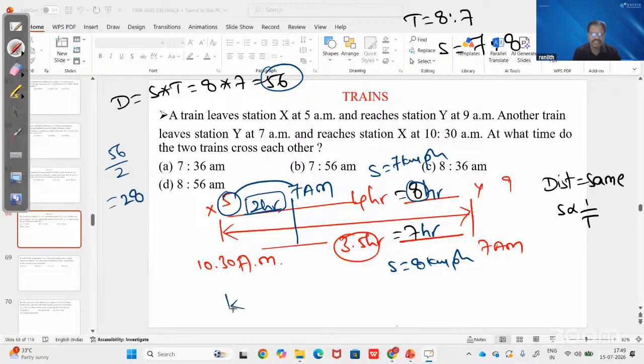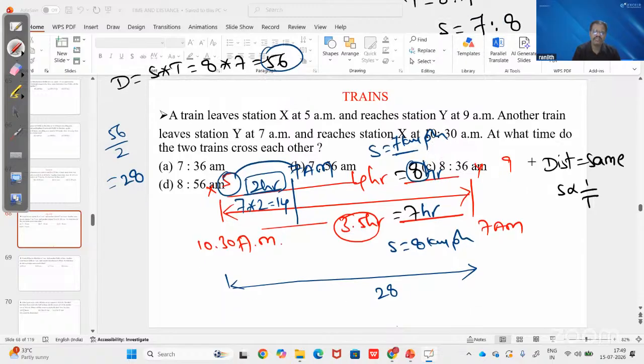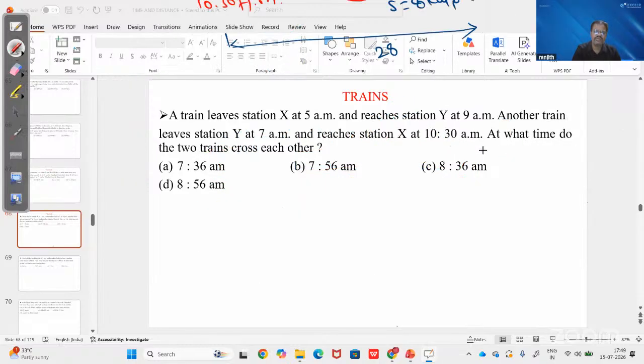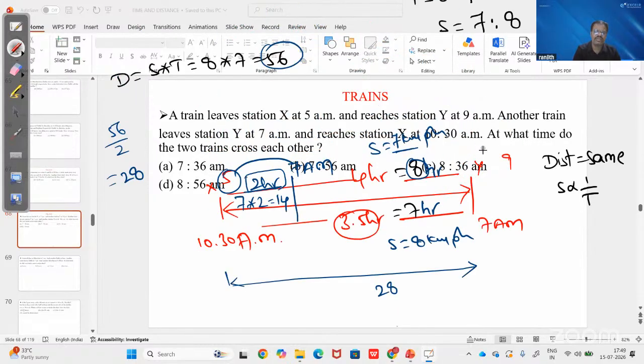So total distance will be equal to 28. In 2 hours, how much distance he can cover? What is the speed of the train? 7 kilometers per hour. 7 into 2 equal to 14 kilometers. So in 2 hours, he is covering 14 kilometers.